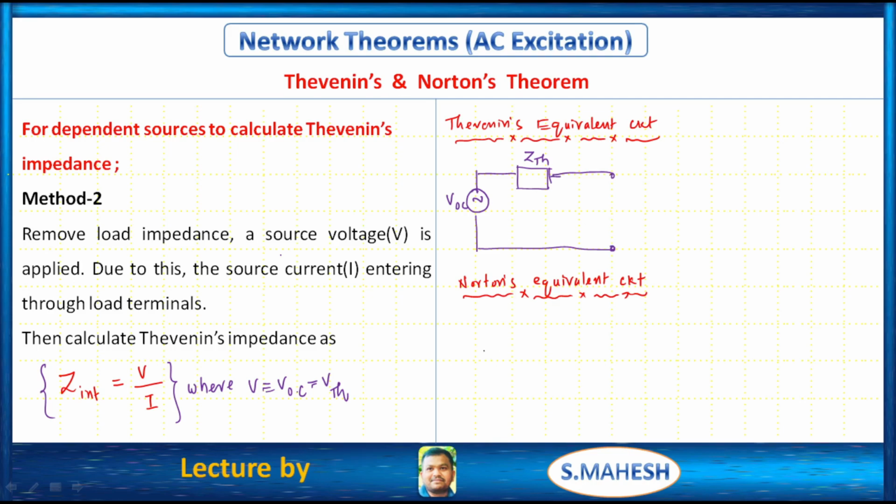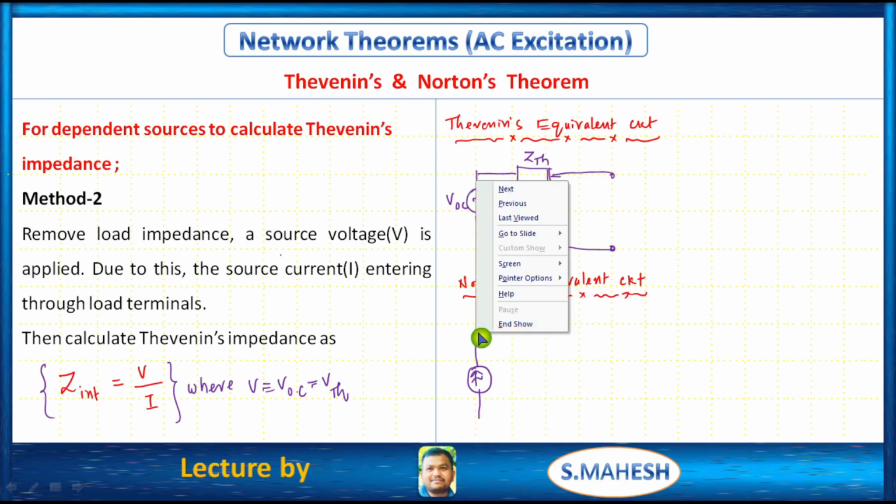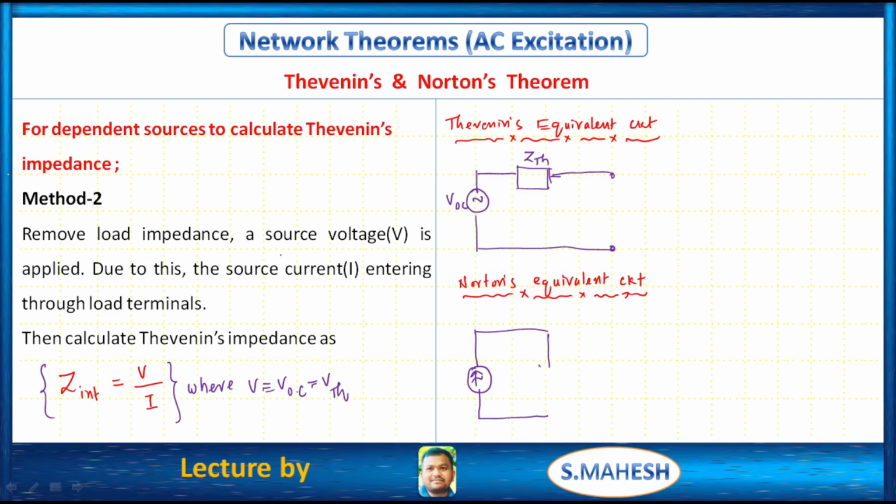Coming to Norton's equivalent circuit, we have a current source, ISC, in parallel with the internal impedance. This is Norton's equivalent circuit.